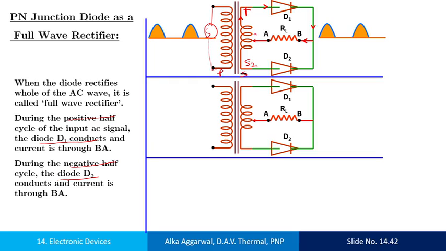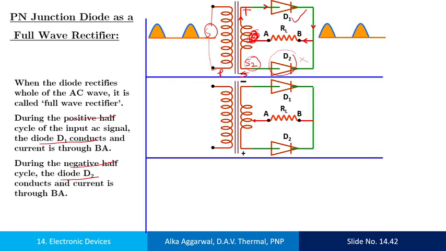At this point, the potential is neutral. So, with respect to this, the diode D1 is forward biased and it conducts the current. With respect to this point, S2 is at negative potential. It means the diode D2 is reverse biased and it conducts no current.